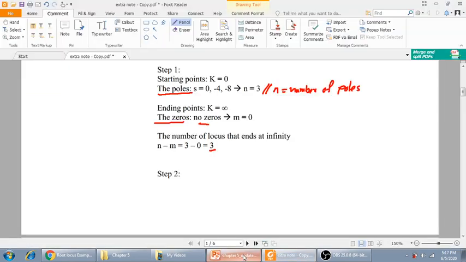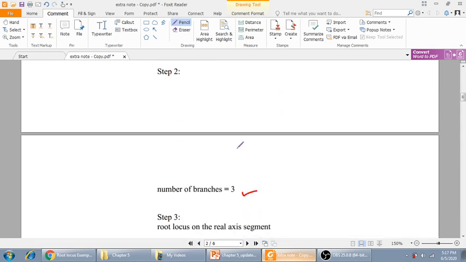You can go here and see the number of loci that end at infinity. That is the remaining one, the n minus m, which starts at poles and ends at infinity. You understand, right?